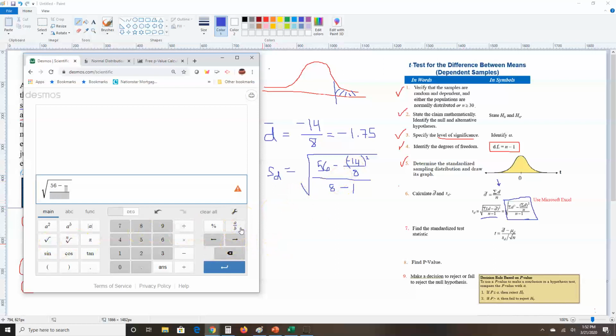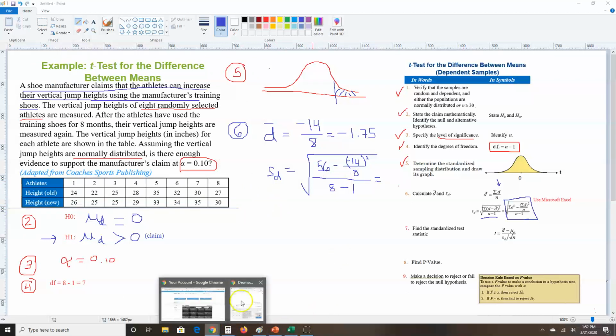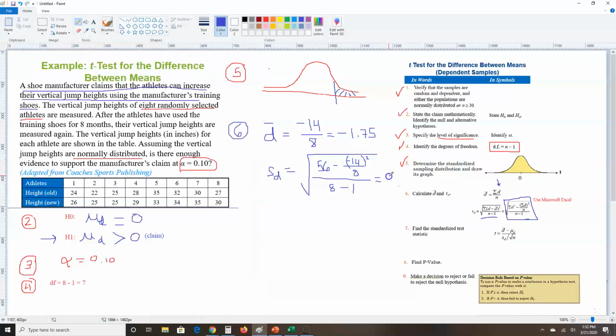On the top, I have a parenthesis, negative 14, close the parentheses. I had to square that. Everything over 8. And then on the bottom of the long fraction bar, I had to type a minus 1. And you can see who's my SD. My SD is, let me write it here on the side, where did my calculator go? I think usually you're going to use 2 decimal places. Always read the instructions to find out how many decimal places they want. I'm going to use 2, so 2.12.